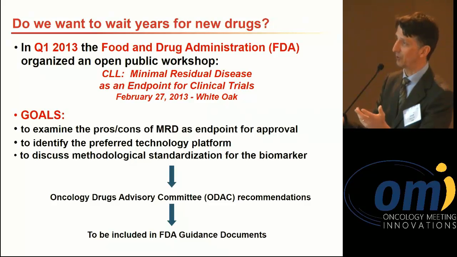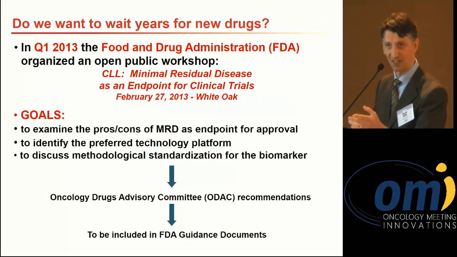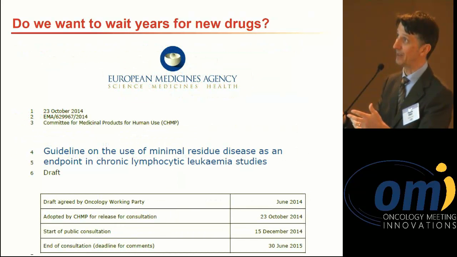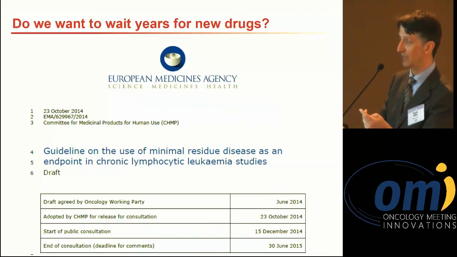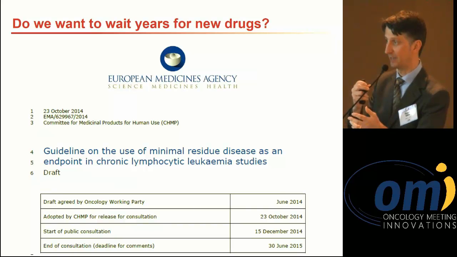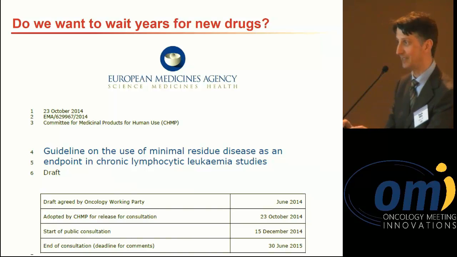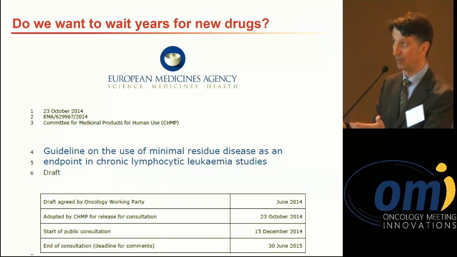They were supposed to give a recommendation to be included in the guidance documents for the next generation of trials. Nothing happened. In this time, EMA seemed a little bit quicker. By June this year, they closed the consultation with all the experts in the field. Again, we are expecting that they will publish a recommendation soon about the next generation of trials, but again, this is not happening.